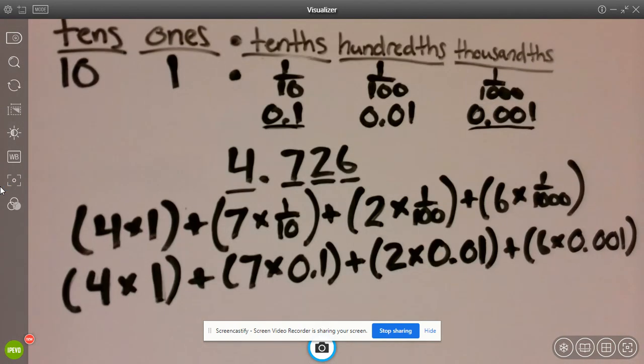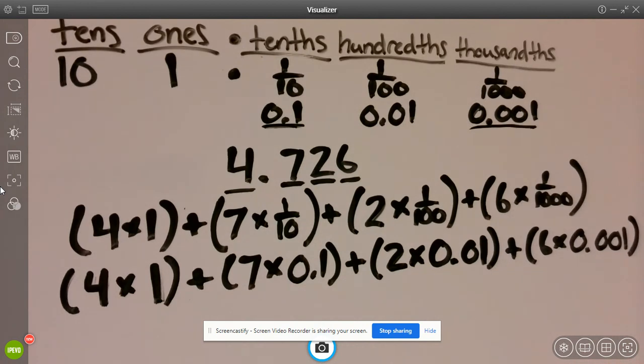Okay, let's do another example. What if I have a 0 in my number? So I'm going to erase this.